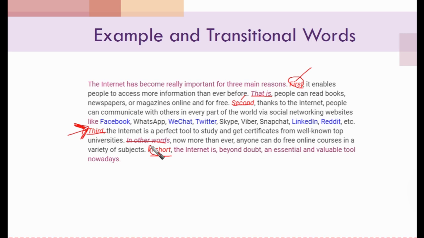Sometimes you want to make a concluding sentence and you say in short. In other words, you use this transitional word when you want to repeat something in different words. So depending on the functions of transitional words, you can choose them and make connections between sentences, especially for supporting sentences, and it makes your body paragraph flow smoothly.